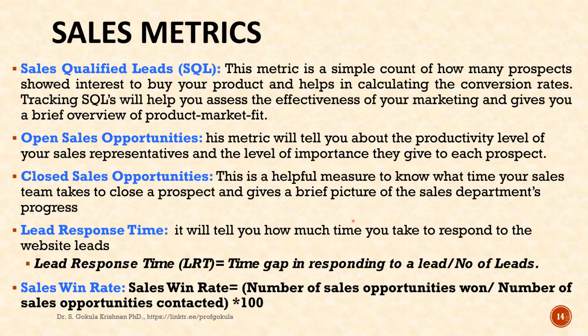Those who are converted into customers from the SQL, that is known as the sales win rate. Let us say 1000 leads have been contacted by your sales representatives, and you get around 700 sales wins, that is, you could sell your products to 700 customers, then your percentage would be 70%. So this is how the metric can be done.